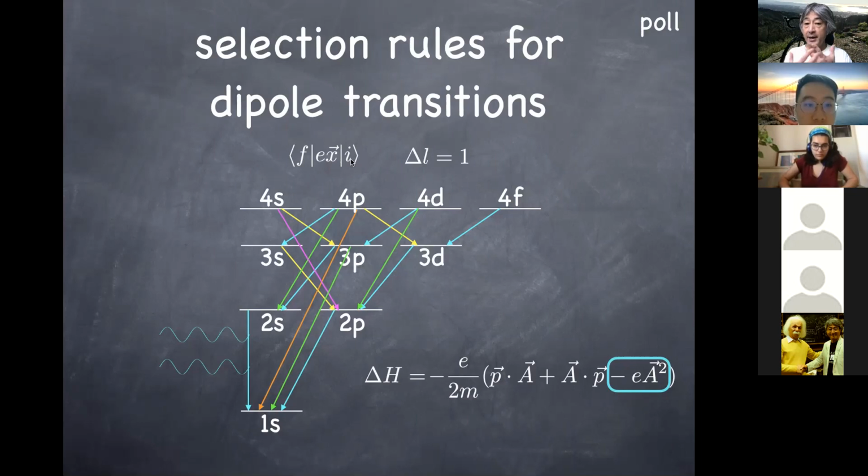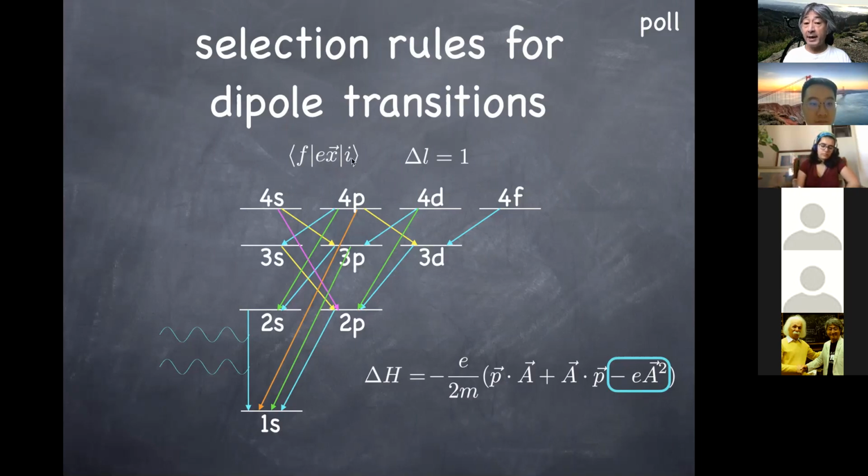So at this stage, there may still be a possibility that the initial and final state have the same angular momentum. But it turns out that there's yet another property of this electric dipole moment operator, which is that it flips its sign under parity, inversion of space, x goes to minus x. So by definition, the dipole operator is odd under parity.